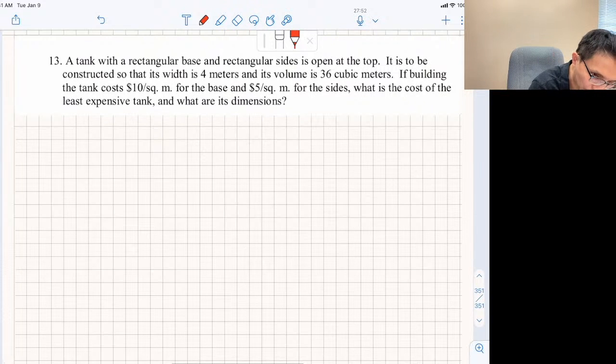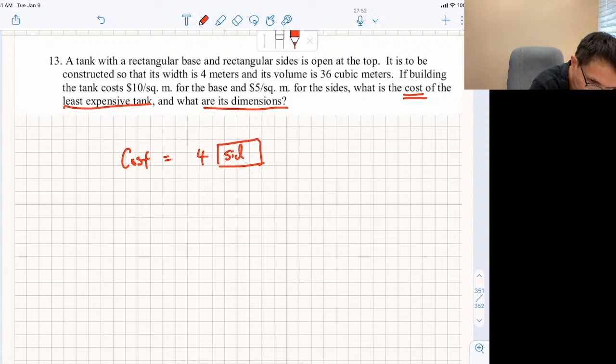So first of all, what we're trying to optimize is the cost, the least expensive, and what the dimensions are. The cost is basically four sides plus one base, and each side costs according to its area.